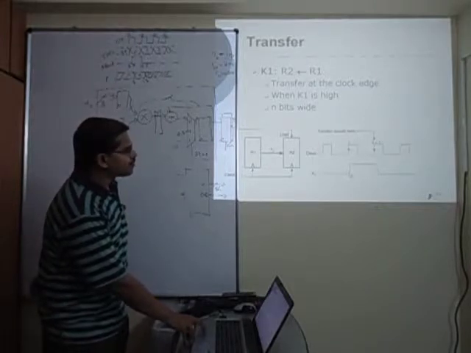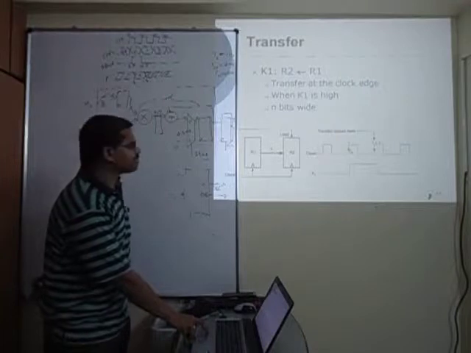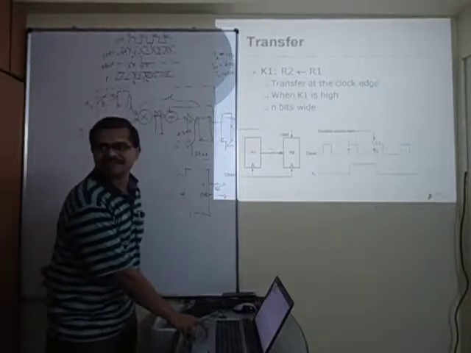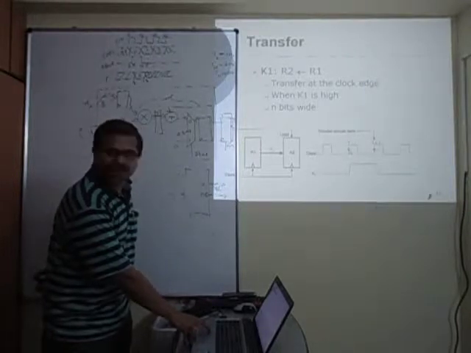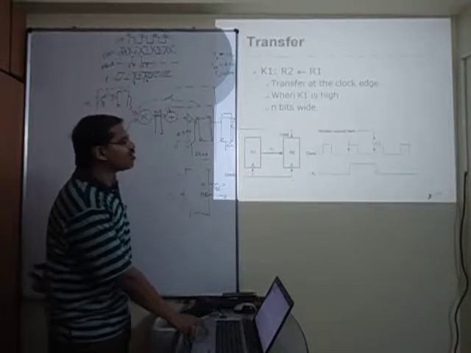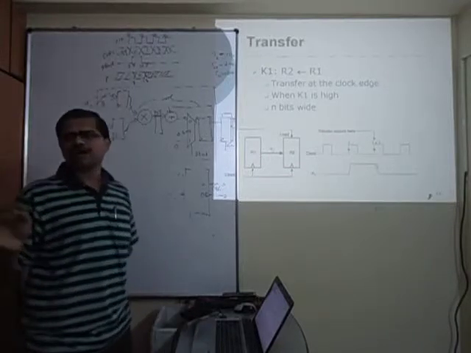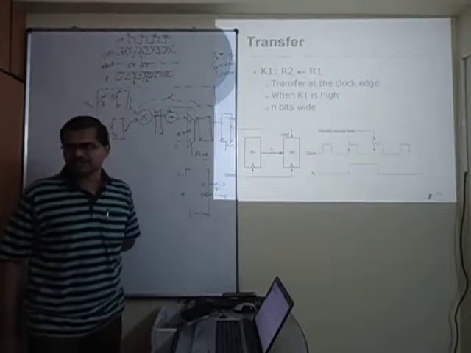You know pretty well, if K1 goes high like this, the transfer does not take place on this edge, it takes place at the next edge. You got the point? Because this signal will only go high after the clock to output delay, referring to my previous discussion. So only during the next edge will load be seen as 1. It is the most important practical aspect that you need to know when you are implementing RTL circuits.